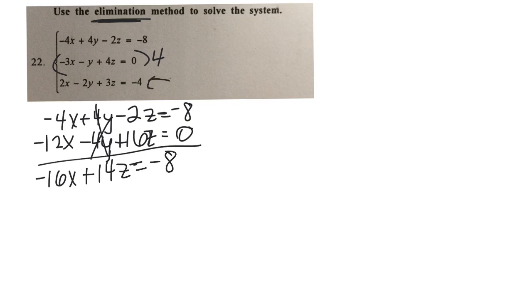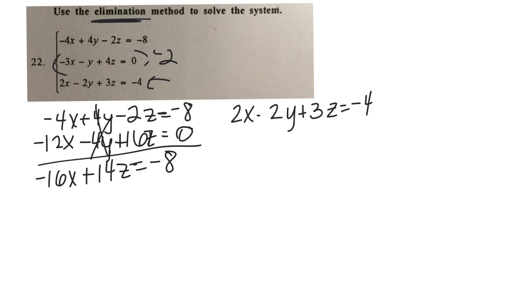Now I have to use my second equation, or my third equation, sorry. So I have 2x minus 2y plus 3z equals negative 4. I'm going to multiply this equation by a negative 2 to make that positive 2y. So I'm going to erase this so I don't mess up and multiply by negative 2.